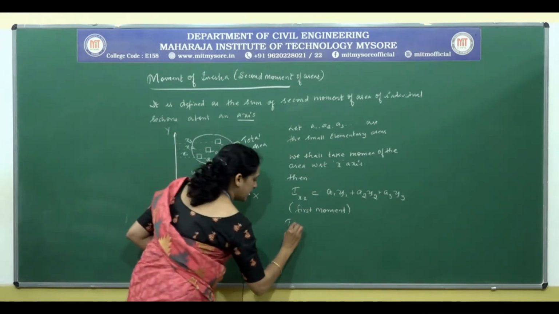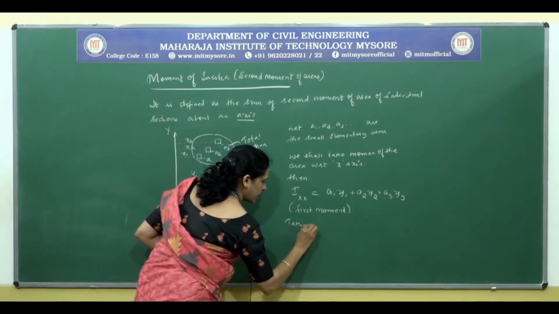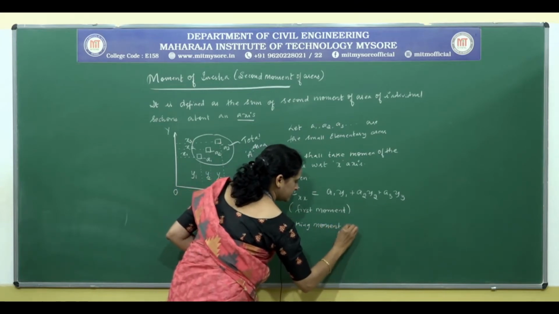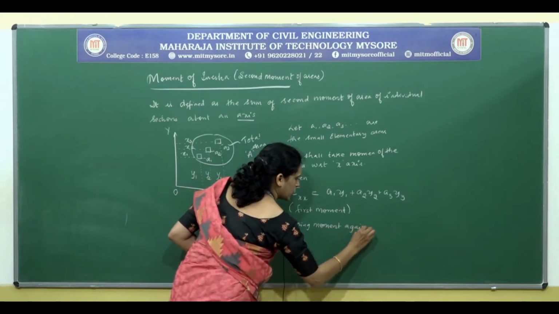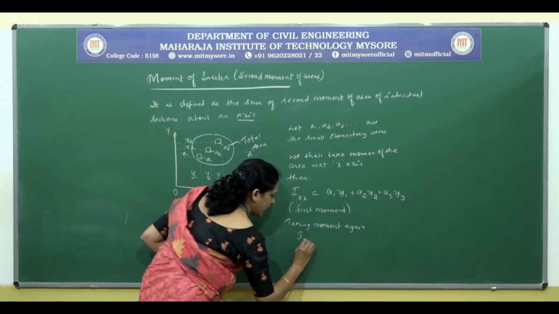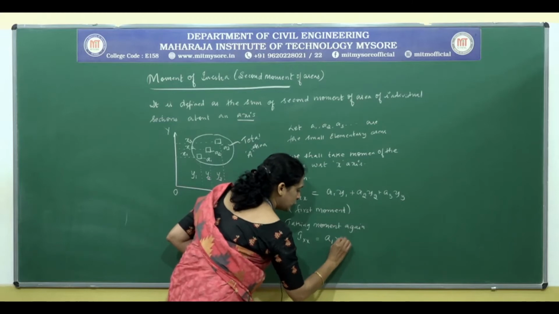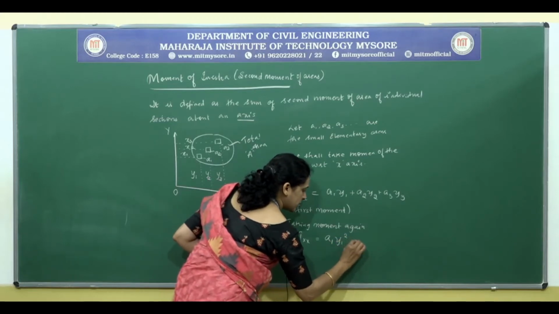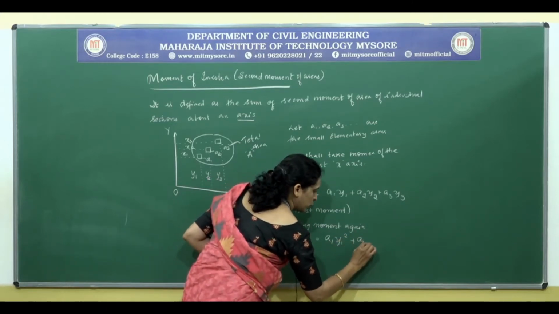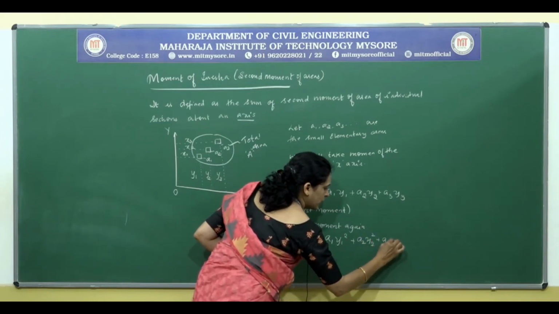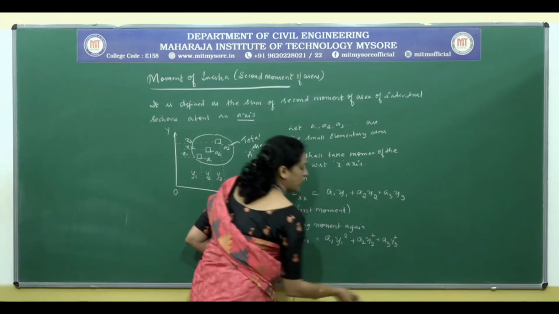So, taking moment again, we'll write it as Ixx is equal to A1 into square of the distance, A1 into Y1 square, A2 into Y2 square and A3 into Y3 square.